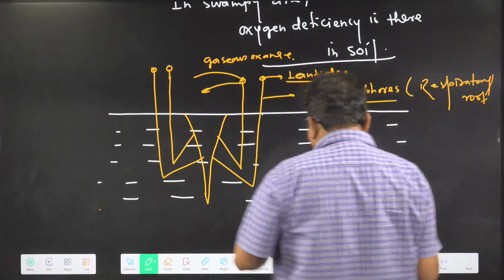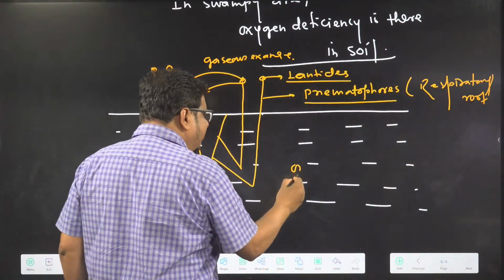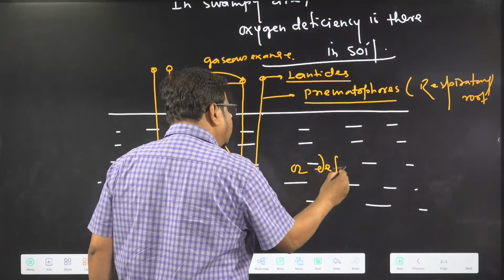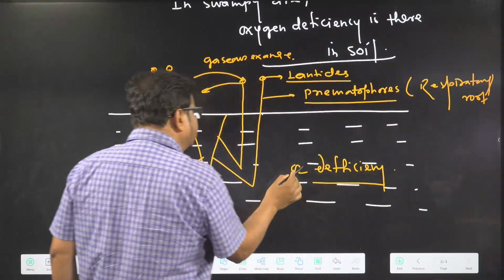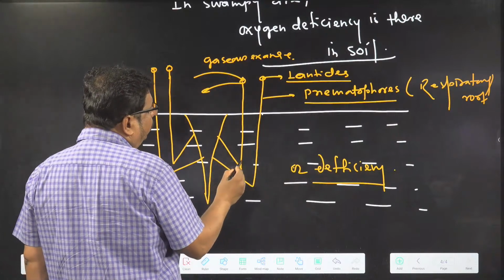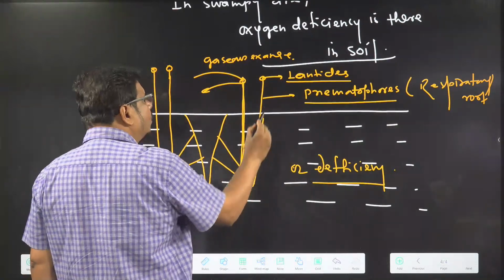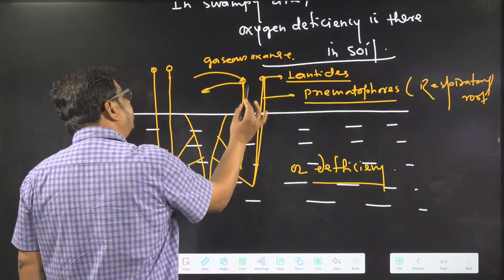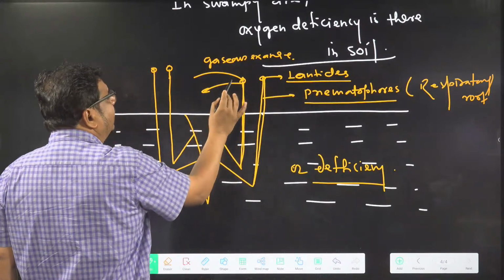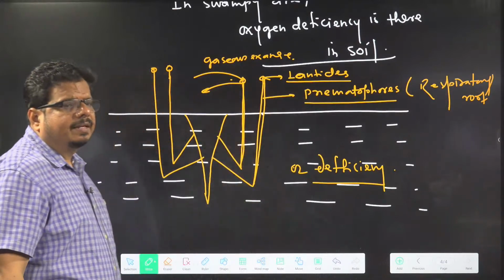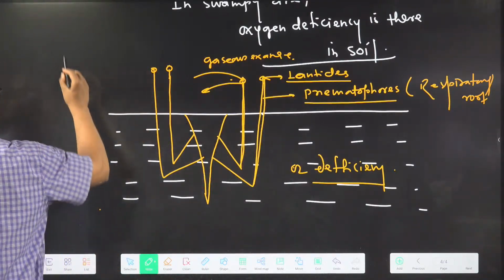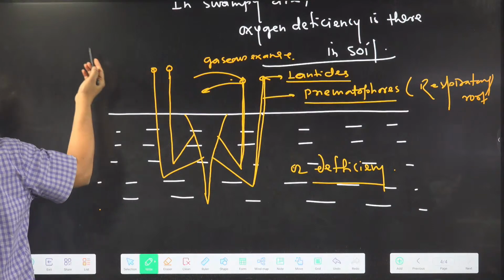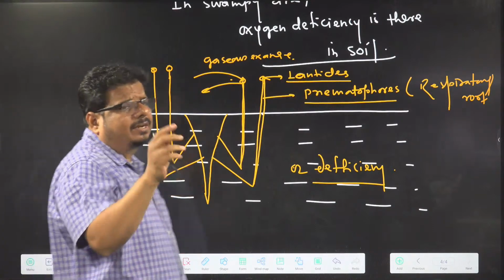Because in swampy area, oxygen deficiency is there, and due to this oxygen deficiency, roots move positive phototropic, come out of the swampy area, come into the air and do the gaseous exchange. So such type of root is present in which plants? Mangrove plants.